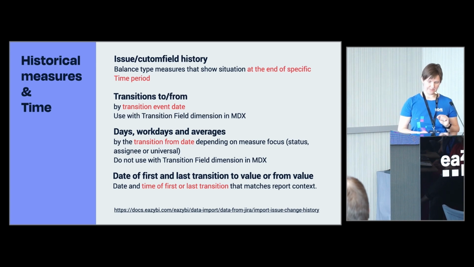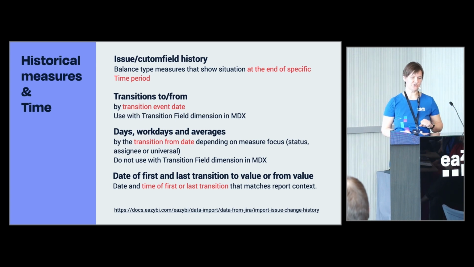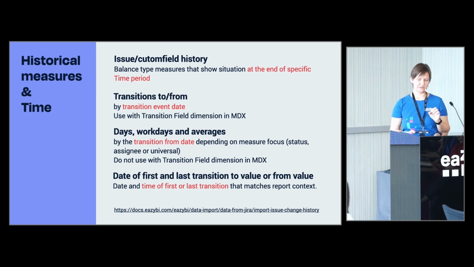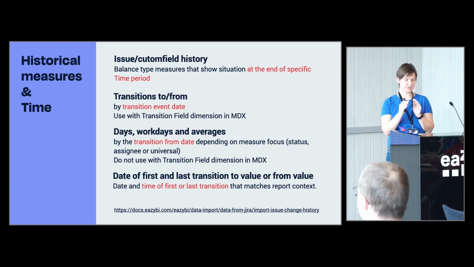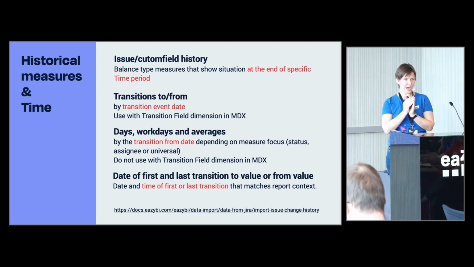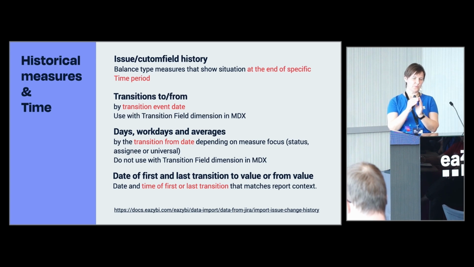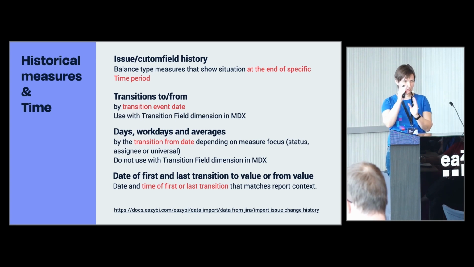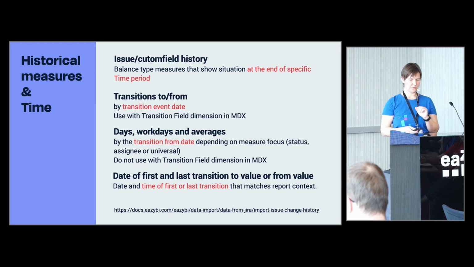To wrap it up, as with all eazyBI measures, it is quite important to understand and remember how each measure is linked to the time dimension. And for history analysis, that date is also when the other historical dimension values are determined.